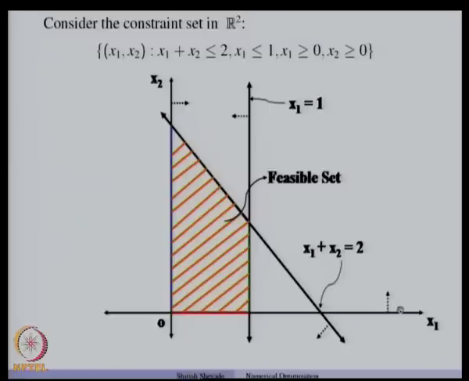So, if we take the intersection of the half spaces formed by these two lines and the first quadrant where x1 and x2 both are non-negative, we get the feasible region or feasible set, which is shown by the shaded region. Now, you will see that this set is a convex set.